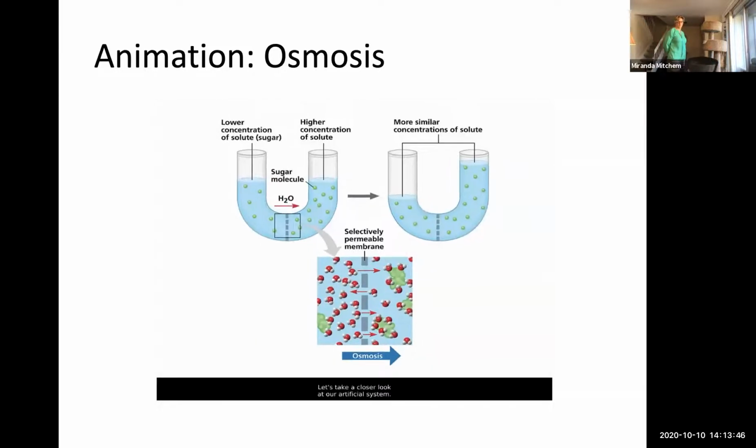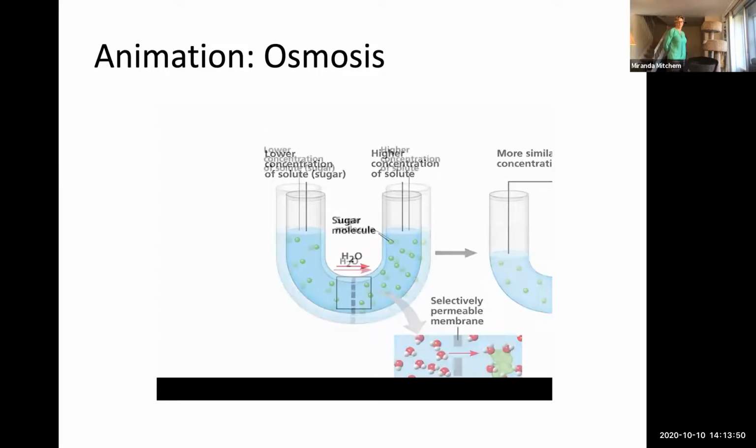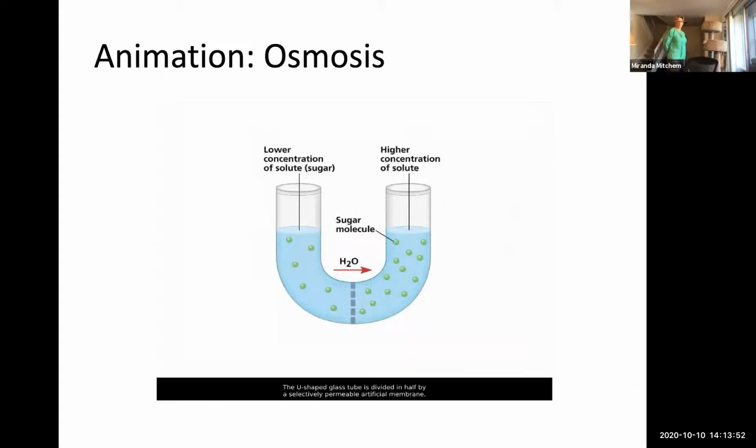Let's take a closer look at our artificial system. The U-shaped glass tube is divided in half by a selectively permeable artificial membrane. The membrane has pores that are large enough to let water molecules pass through, but too small to let the sugar molecules through.